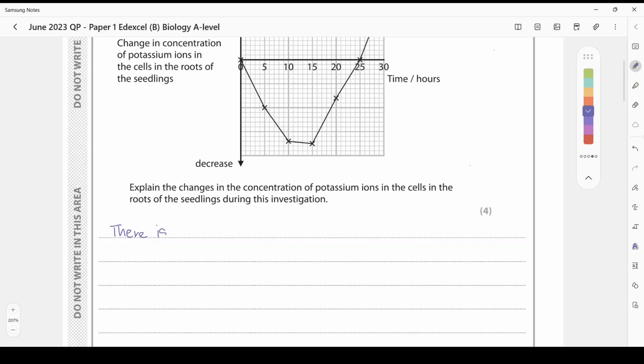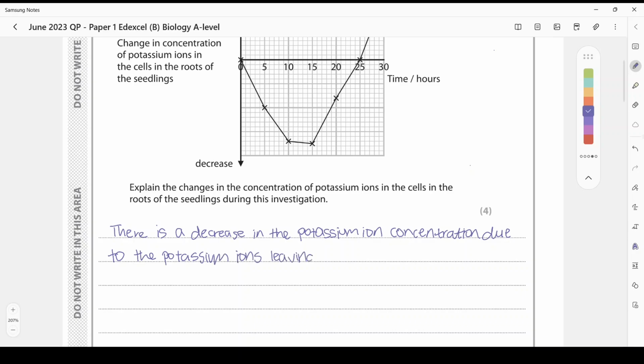So there is a decrease in the potassium ion due to the potassium ions leaving the cell, the increase in potassium ions is due to it entering the cells.